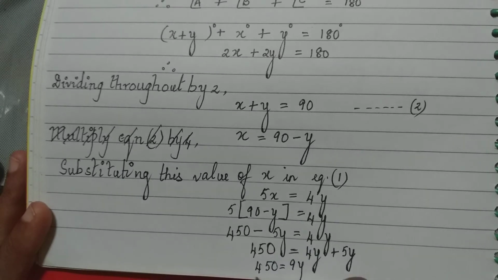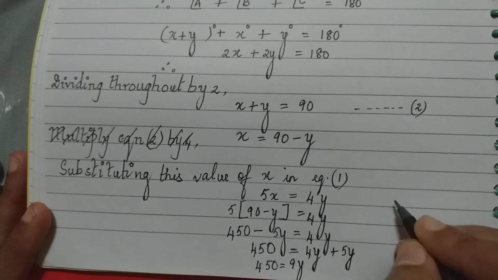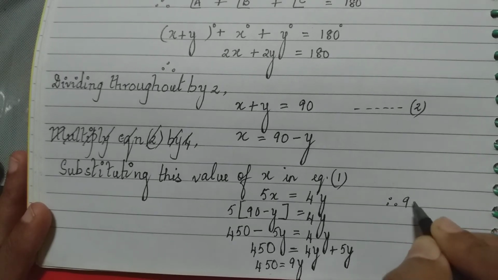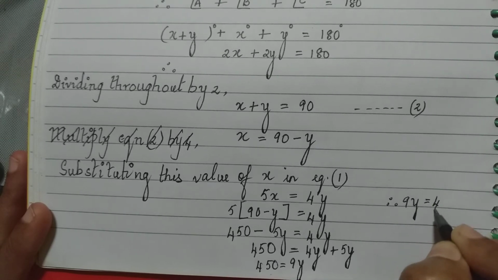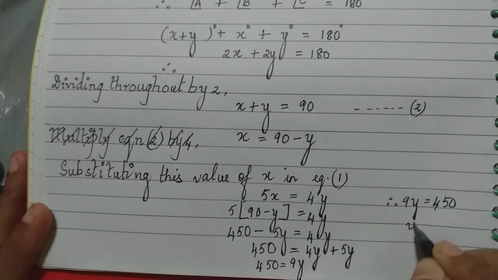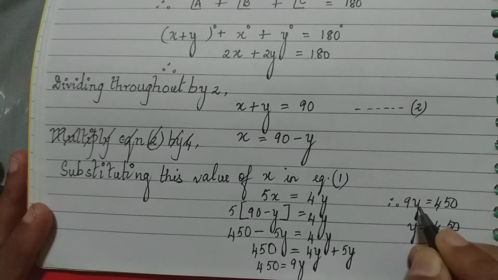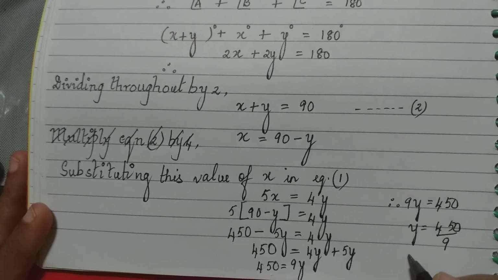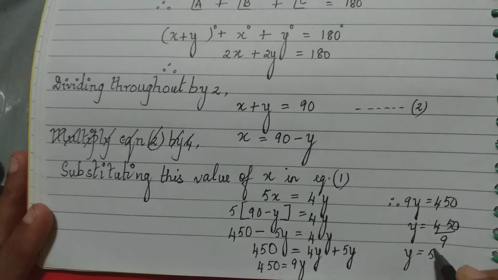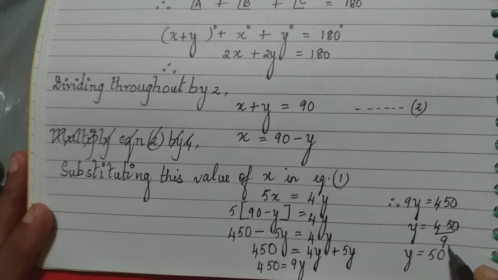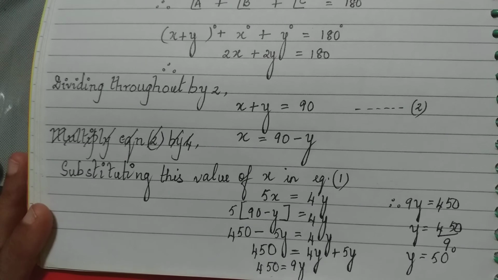Now I can write this the opposite way, therefore 9y is equal to 450. y will be equal to 450 upon 9. 9 goes in 45 5 times and in 0, 0 times. Therefore y is equal to 50 degrees.